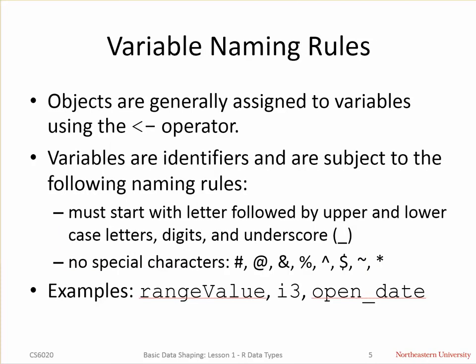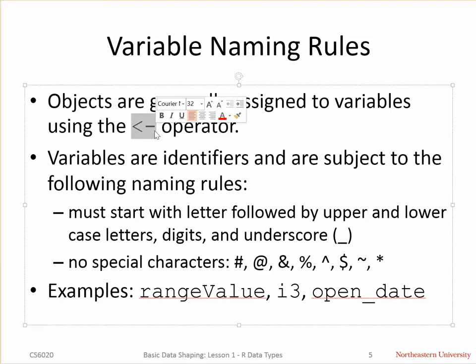Objects themselves are stored in variables or identified through variables, or more precisely through identifiers. Now you assign an object to a variable using the assignment operator, which is the less than dash operator right here.